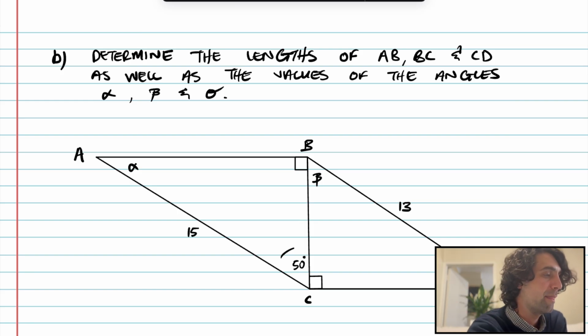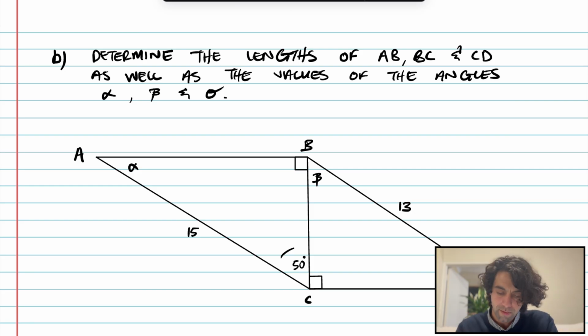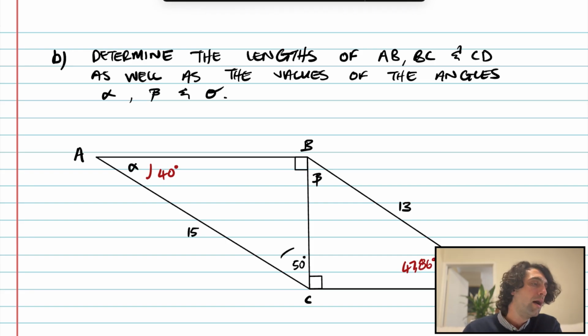Okay, here we go. Alpha came out to be 40 degrees. Theta came out to be 47.86 degrees. Beta came out to be 42.14 degrees.